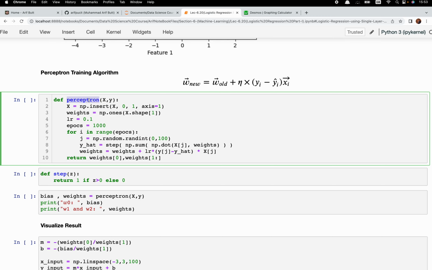This Perceptron function is passed the input feature X and the ground label Y. This first line is using the insert method of NumPy to insert an additional column at index 0, all having a value of 1. So after this line executes, this X will have 3 columns. The first column will be of all ones and the next 2 columns will contain the feature values. Okay, I think this makes sense to you now.